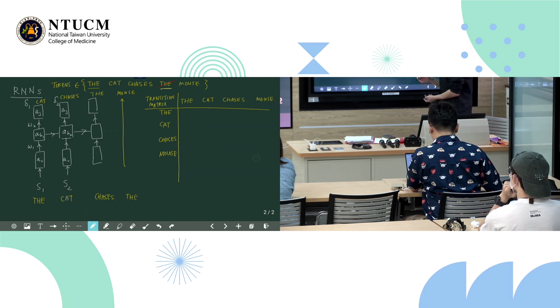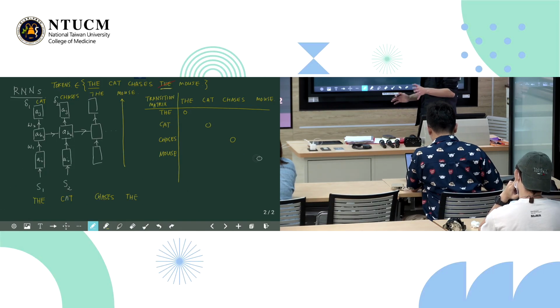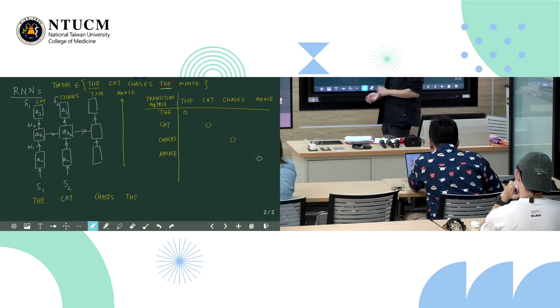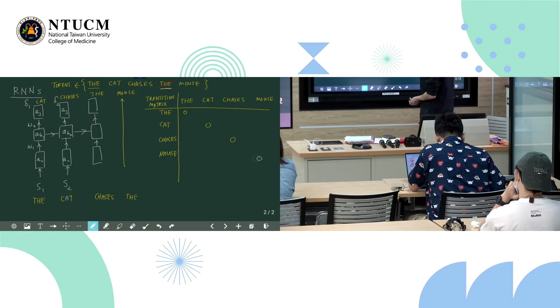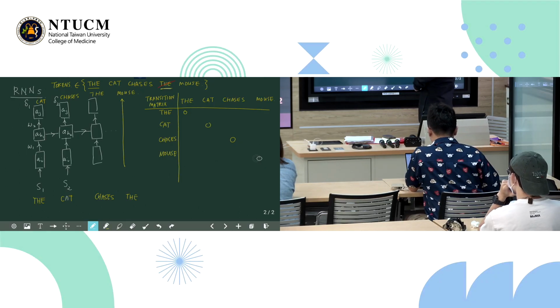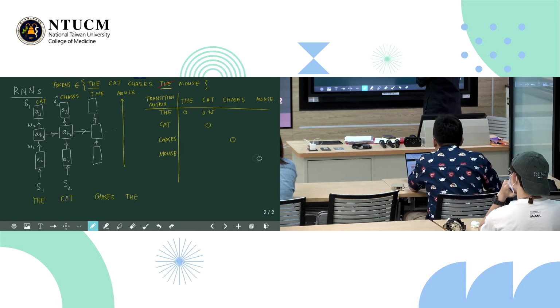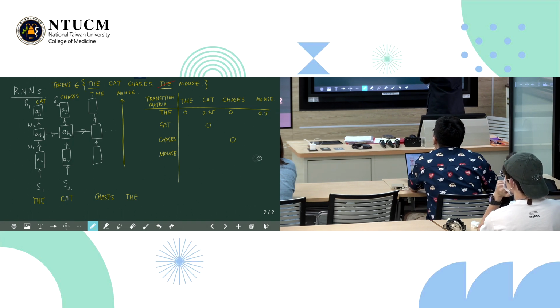Itself to itself, the probability or the transition weight is always 0. It doesn't in general, right? I mean, you could, but then in general, this does not happen. But from the to cat, the probability is 1/4, right? 1 out of 4 times the is followed by cat. The is followed by chases, 0. And then the is followed by mouse, 25% of the time.